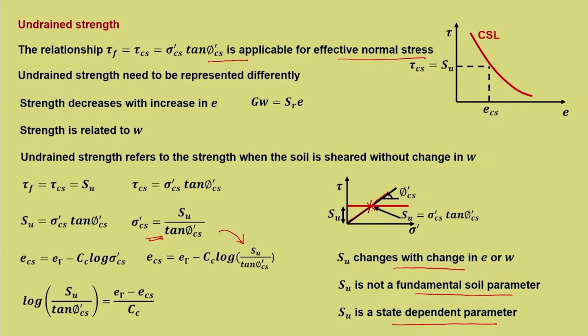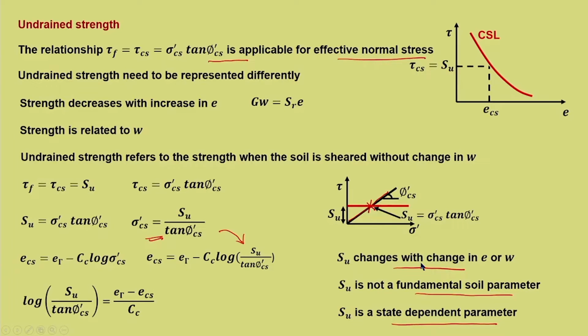So, what is the state of the soil? For undrained shear strength, it is more dependent on state. State means how and where the soil initial point is positioned with respect to the critical state line. That is defined by E or W.